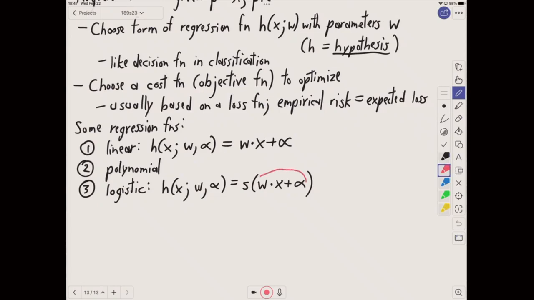So, notice that these are almost the same. It's just that when you go from linear to logistic, now you are applying a logistic function at the end to this linear function. And let's just recall what the function s is.